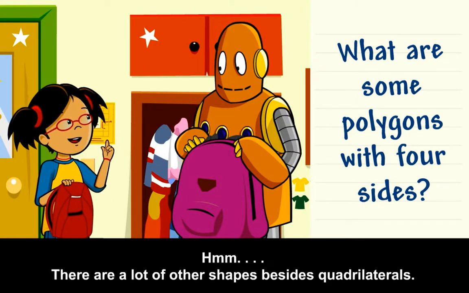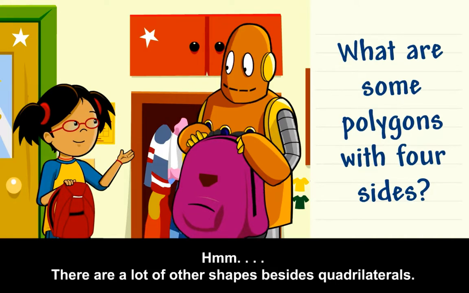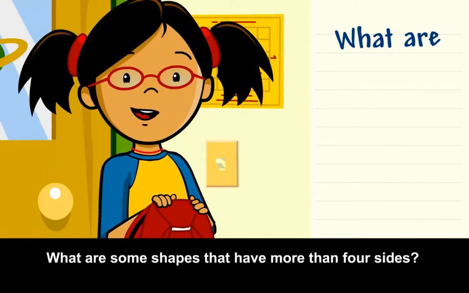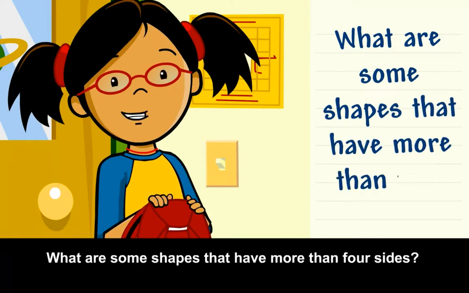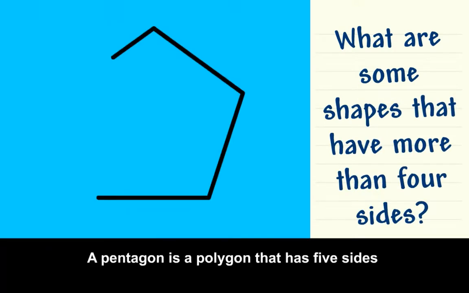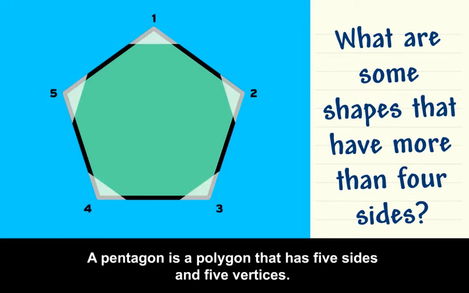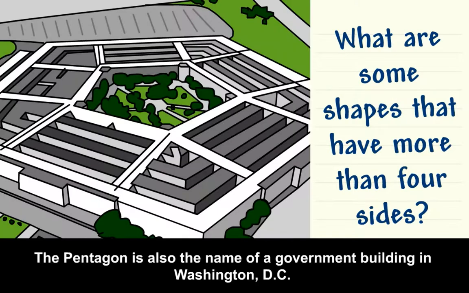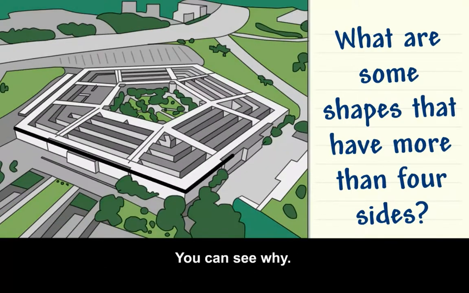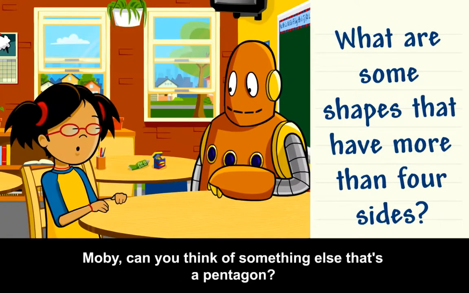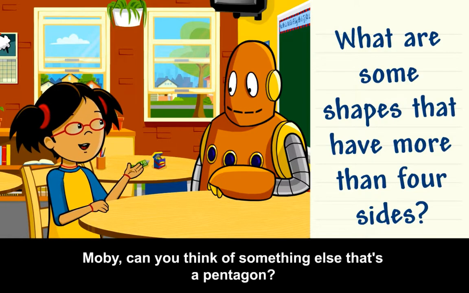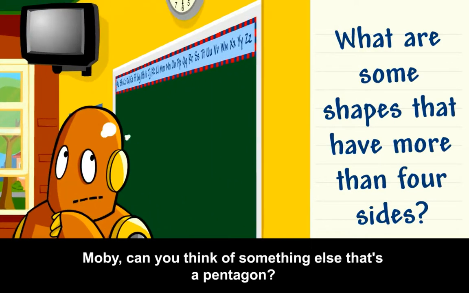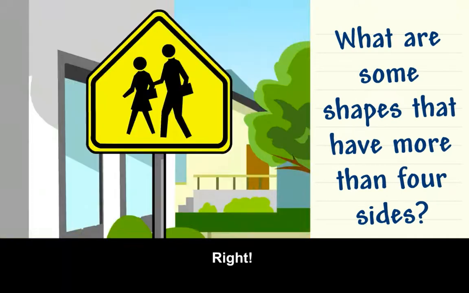There are a lot of other shapes besides quadrilaterals. What are some shapes that have more than 4 sides? A pentagon is a polygon that has 5 sides and 5 vertices. The Pentagon is also the name of a government building in Washington, D.C. You can see why. Moby, can you think of something else that's a pentagon? Right. Some safety signs are pentagons.